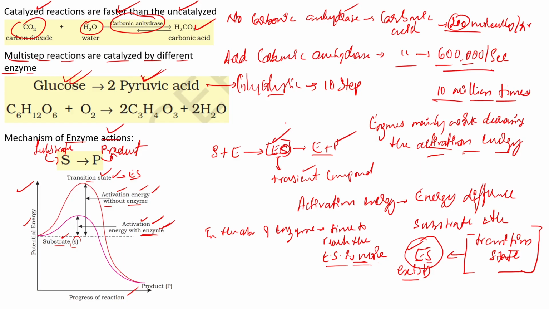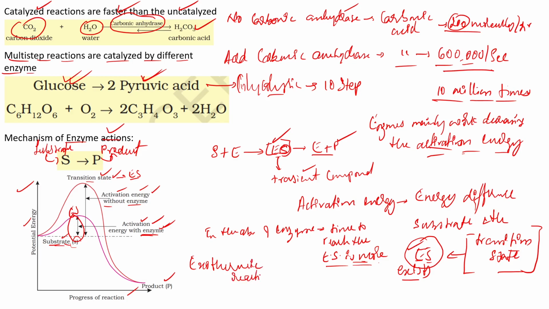So we can say that in a very short period of time, the enzyme substrate complex is formed, and as a result you can see that later the product is formed over here. Now you can see that the product that is formed is lower than the substrate, and such a reaction is called an exothermic reaction.